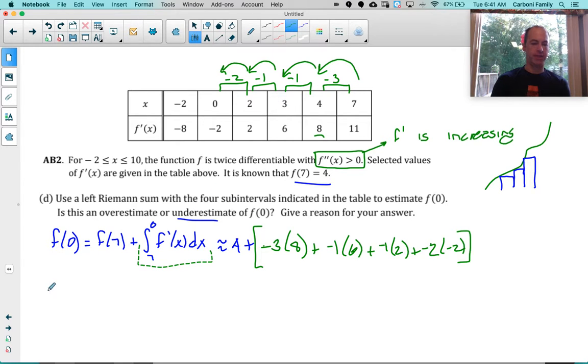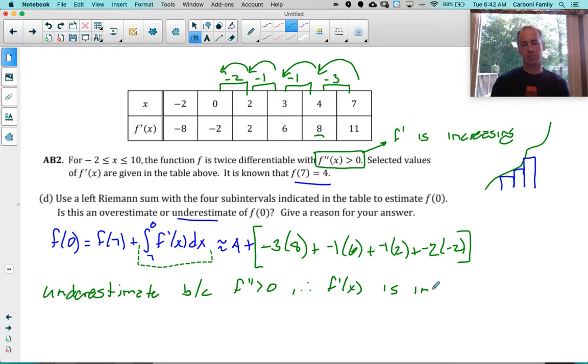So I would say it's an underestimate, because, tying that back to f double prime being positive: f double prime is positive, therefore f prime of x is increasing. And that is good enough.